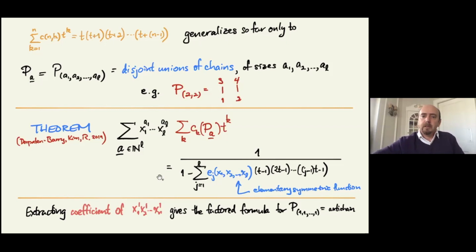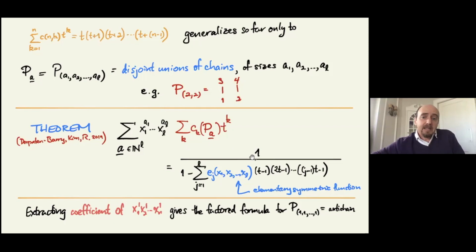Good. Okay. So for disjoint unions of chains, what I'm claiming is the generalization of this product formula for the Stirling number generating function is: let's keep track with a monomial of what the sizes of the chains are, x1 to the a1, x2 to the a2, etc. And then put in front of that the Whitney number generating function for that disjoint union of chains.